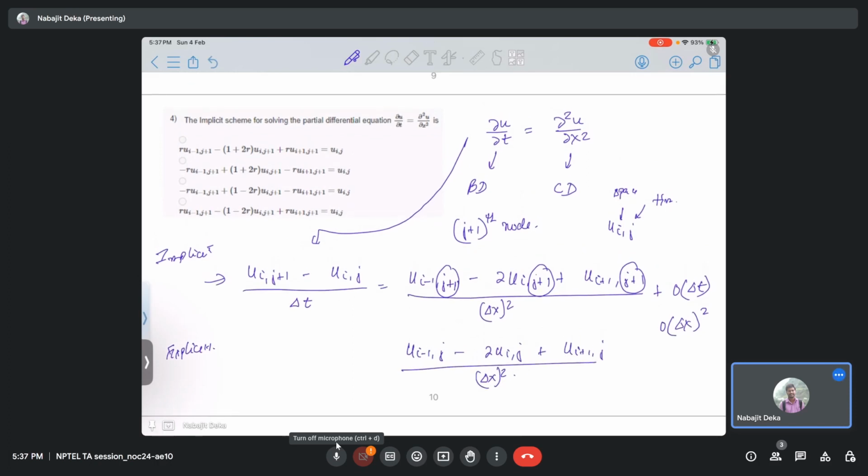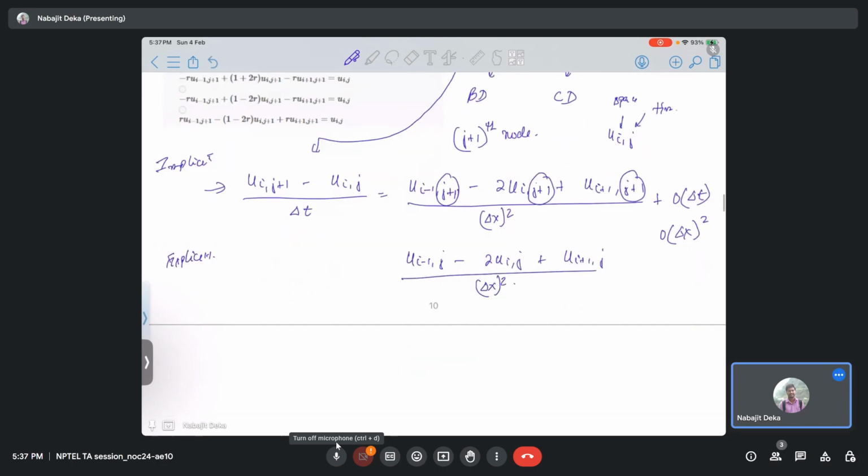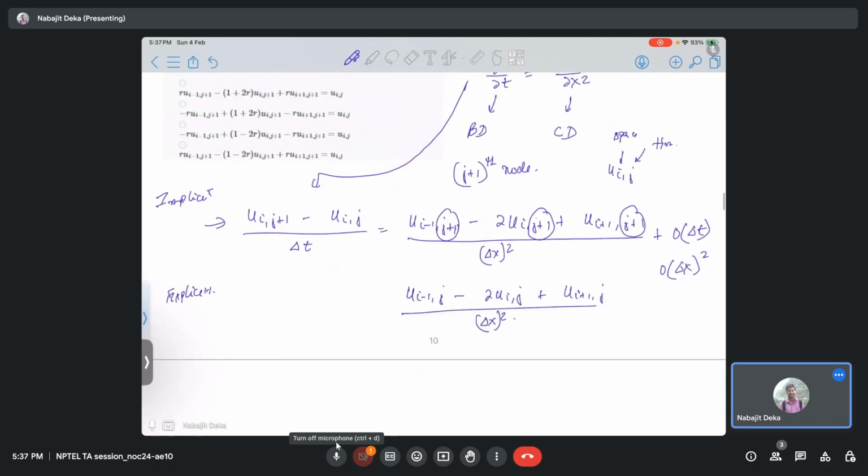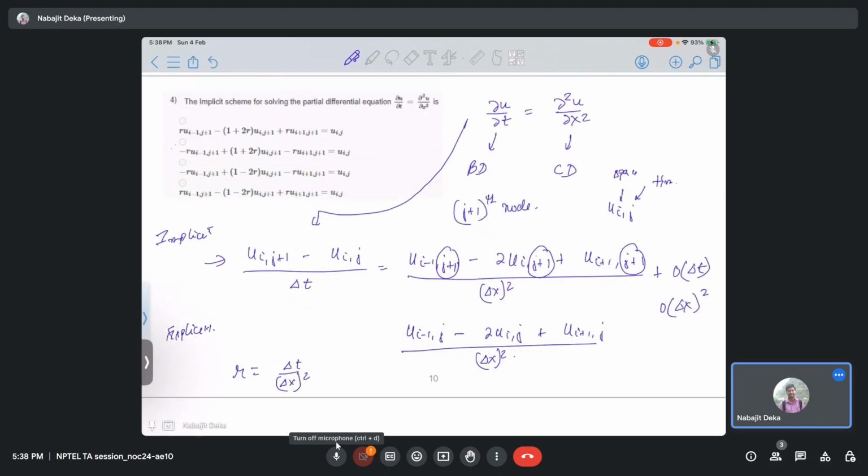So if we represent it now, here r is delta t by delta x square. So if we rearrange the terms, option B will be the correct answer here.